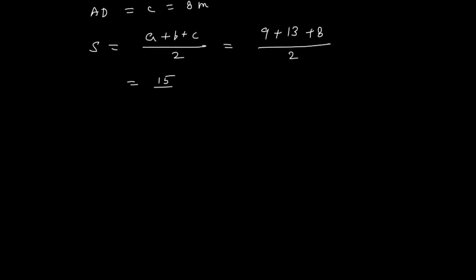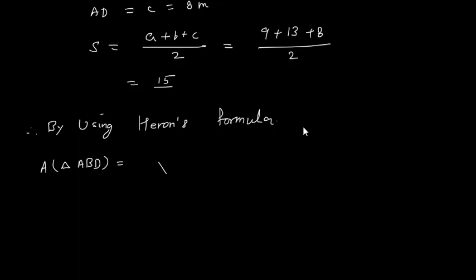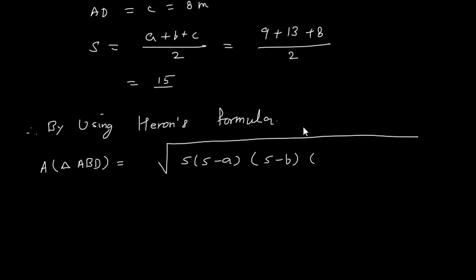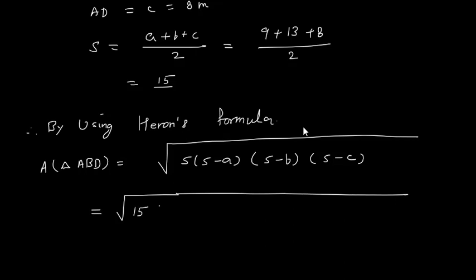Therefore, by using Heron's formula, your area of triangle ABD will become root of S into S minus a into S minus b into S minus c, which is equal to root of, the value of S is 15, S minus a, so 15 minus 9, into S minus b, 15 minus 13, and S minus c, 15 minus 8.